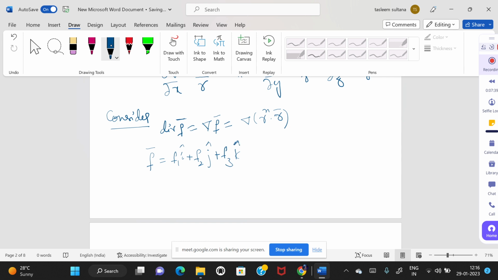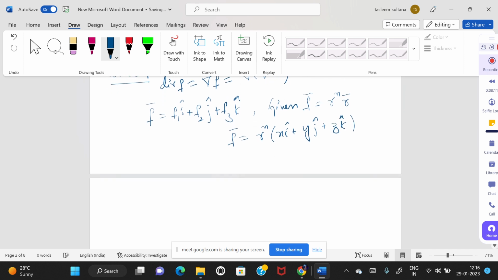And where you are given f vector is equal to r to the power of n into r vector, where we know that r vector is xi vector plus yj vector plus zk vector.